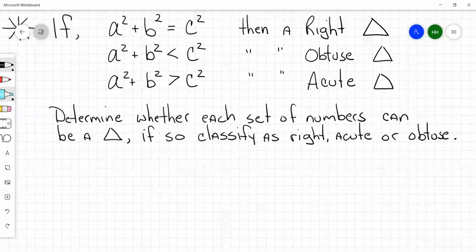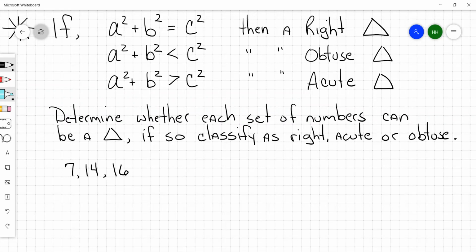So you're going to get three numbers, 7, 14, 16. The first thing you've got to do is determine if the numbers can form a triangle. You learned earlier in the year that the third side of a triangle is between the sum and the difference of the first two sides.